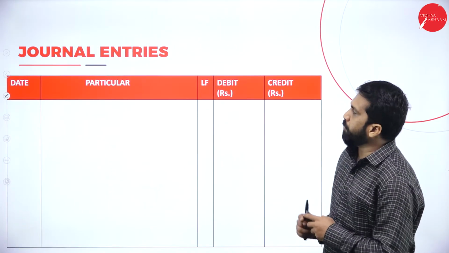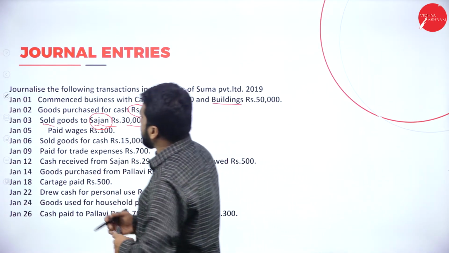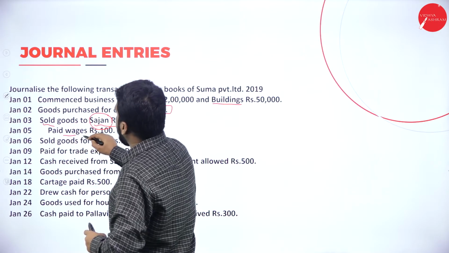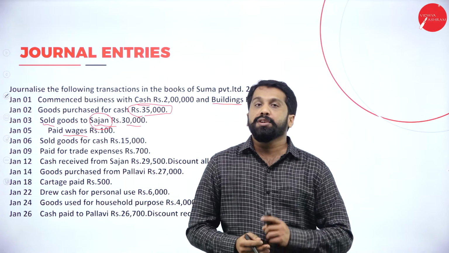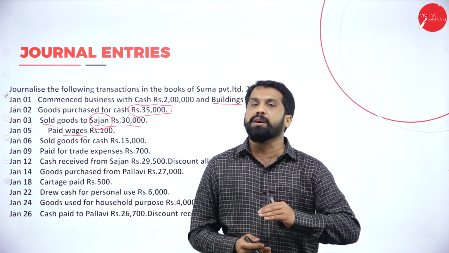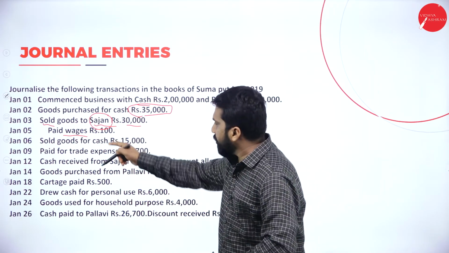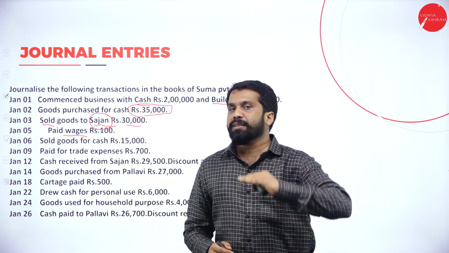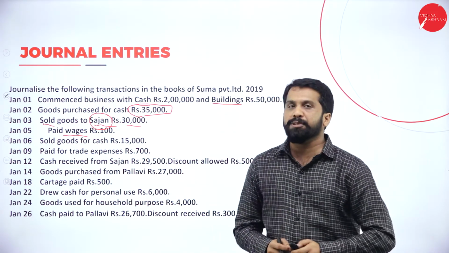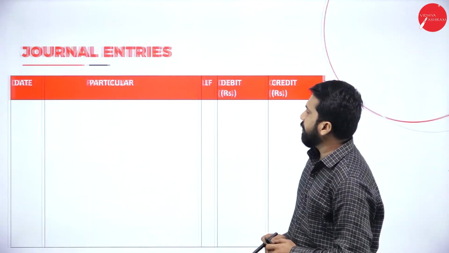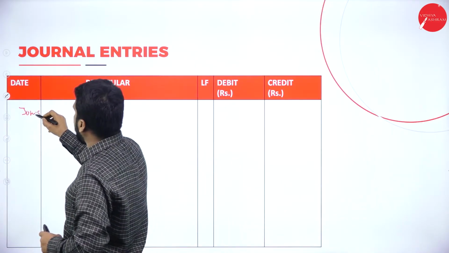Now, before this, we'll go back to your question. As per the question, January 5th, paid wages. Paid means you are receiving or paying? You are paying. Cash should be up or down? Down. For what reason are you paying? Wages. Wages account debit to cash. Easy? Yes. It is 100. So you have to write Jan 5th.